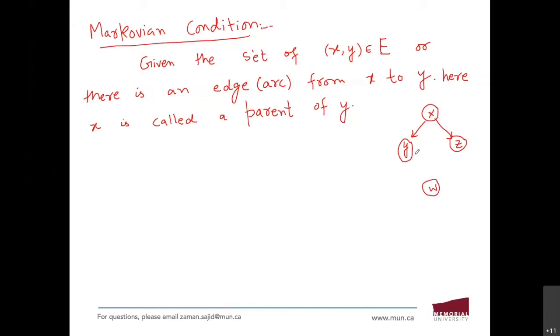Y is going into z, and y is going into w. This is the DAG that we just drew in the previous slide. Now if you look here, this y has impact from x. So x is called the parent of y. Similarly, z has three parents, x, y, and w. Now in this network, I can say that z has three parents.